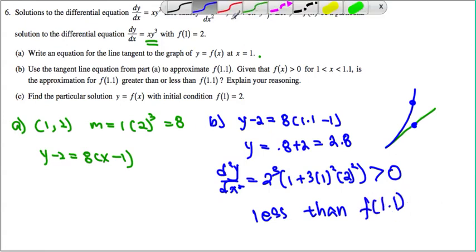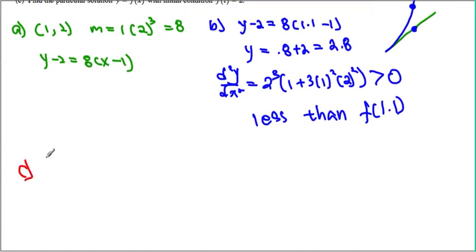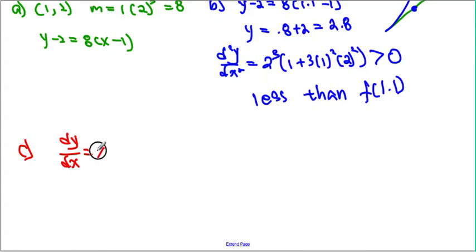Alright, let us look at part C. Particular solution. Since we have dy over dx equal to xy cubed, the first thing we have to do is separate the variables. Then we end up getting dy over y cubed is equal to x dx.